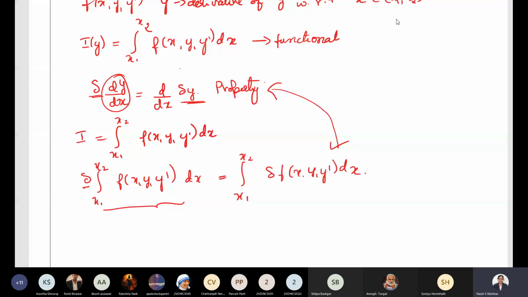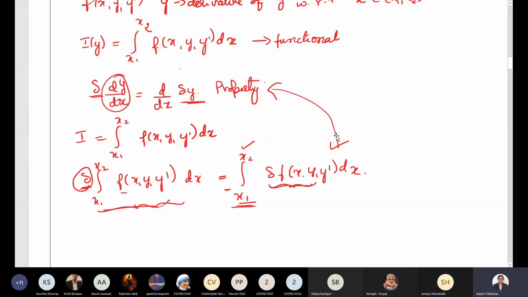Now what we can actually say is that the variation of a functional with f of x comma y dash is equal to the functional associated with the variation of f. I hope you are able to understand the meaning of this.